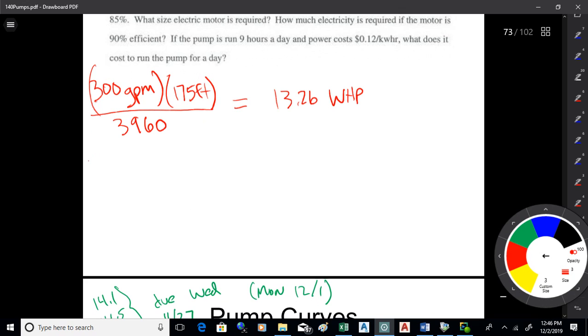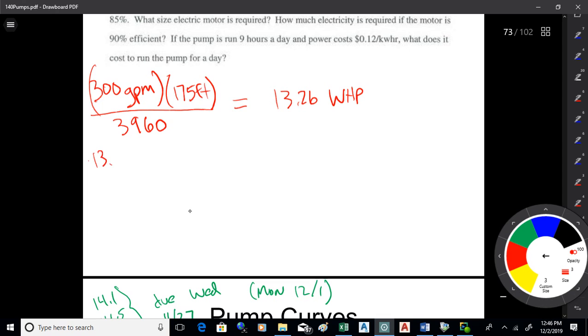Okay. All right. Now I want to figure out what size electric motor I need. What that is, is how much power is coming out of the motor.